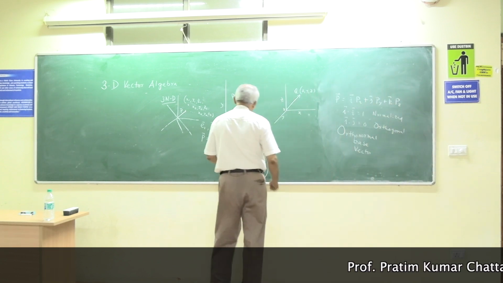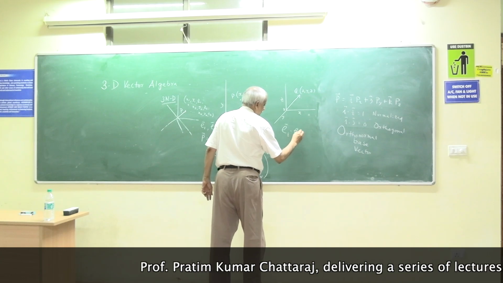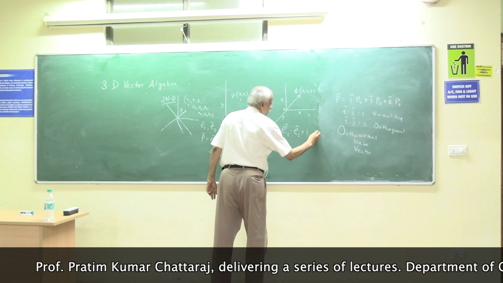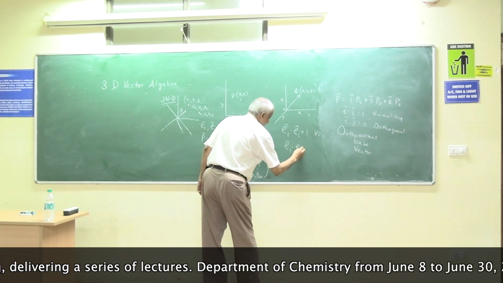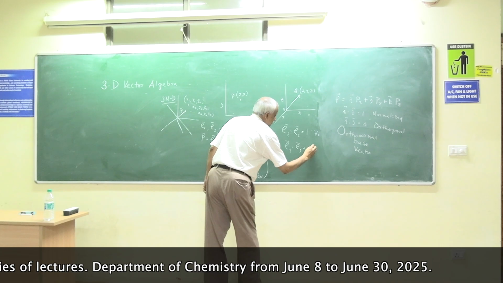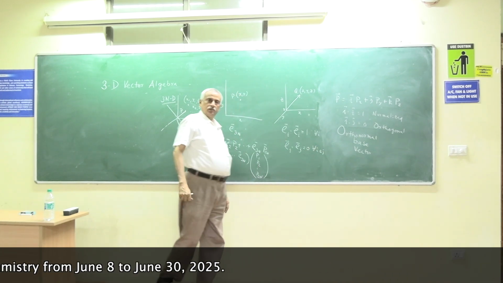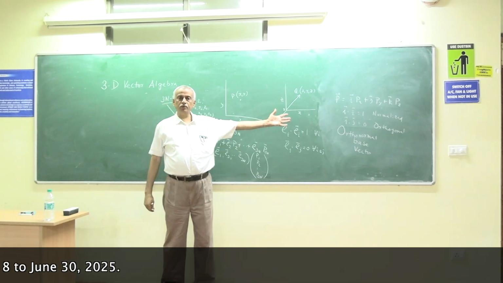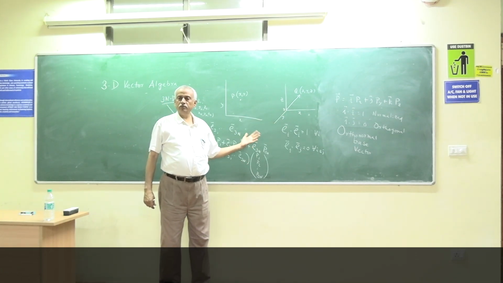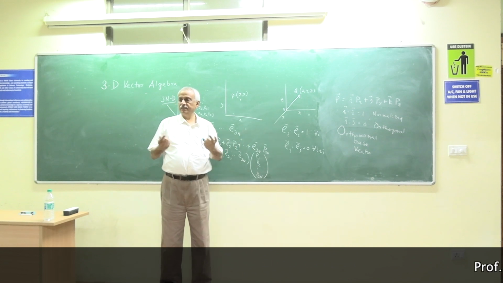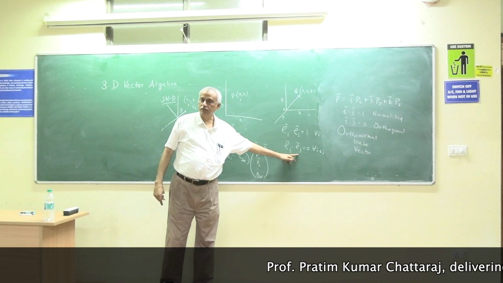And what I can see is that any Ei dot Ei is 1 for all i, and any Ei dot Ej is 0 for all i not equal to j. As we have done for i, j, k, here I can do the same for all E1, E2, E3. If you take the product of two vectors, this is what we call the scalar product.